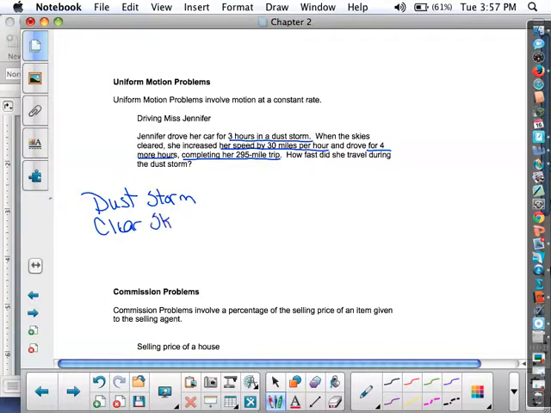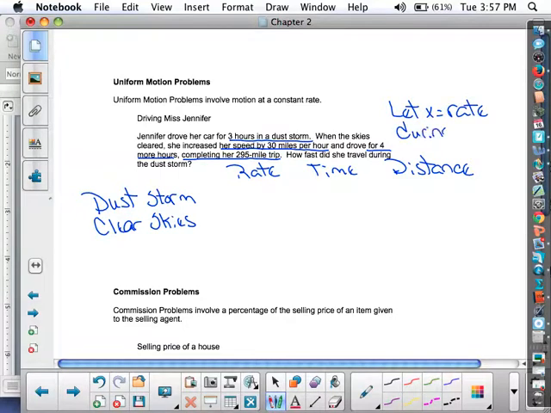Then, of course, this is a rate times time equals distance problem. So her rate during the dust storm is what we're looking for, and we're going to call that x.